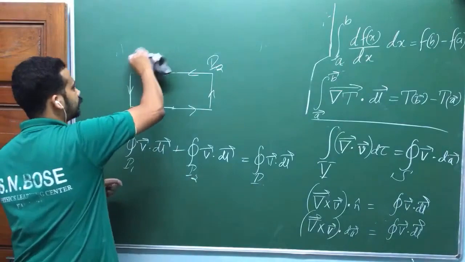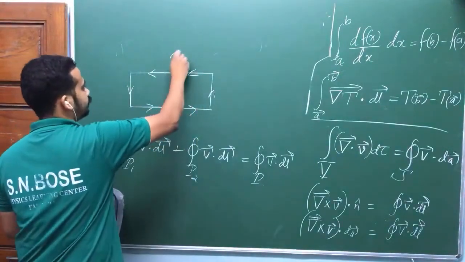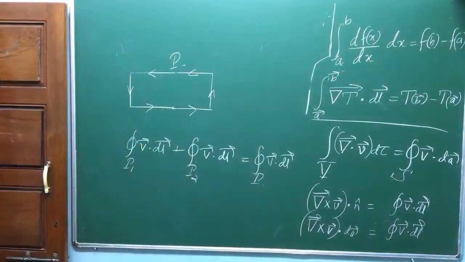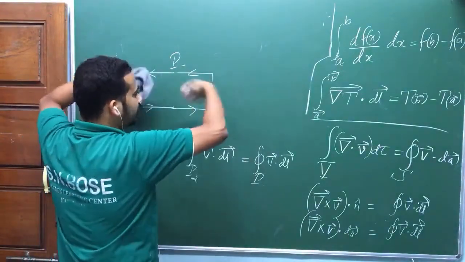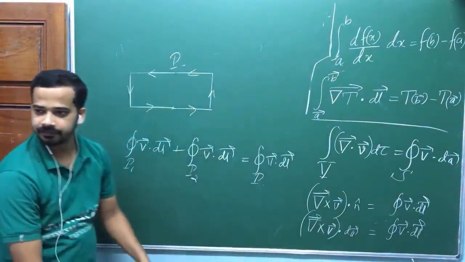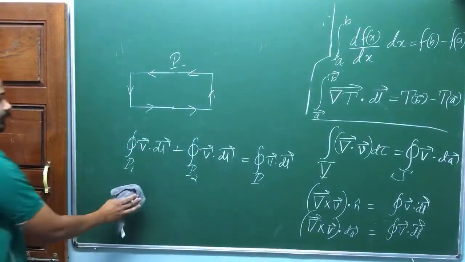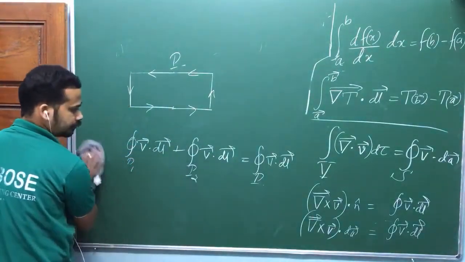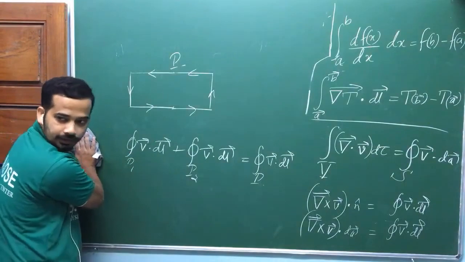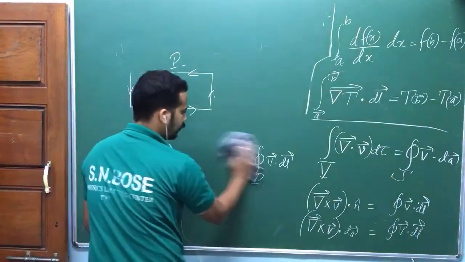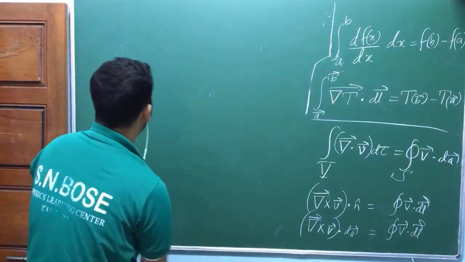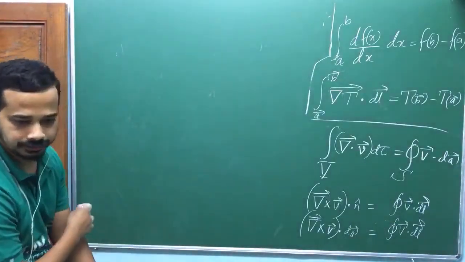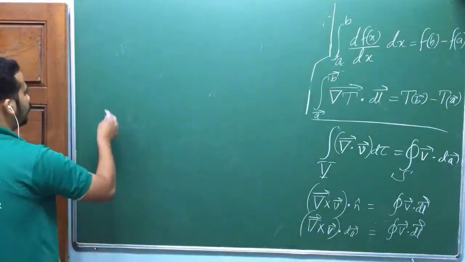Now this is the path P. Like that, I can make this one bigger and bigger. I hope you got the logic, very similar to earlier. Now you have a surface.